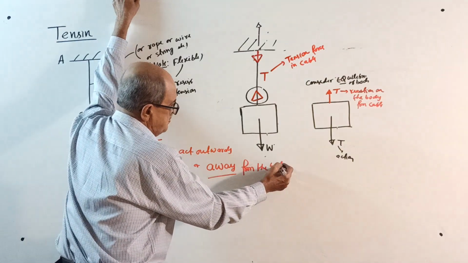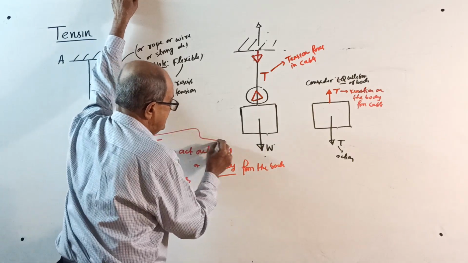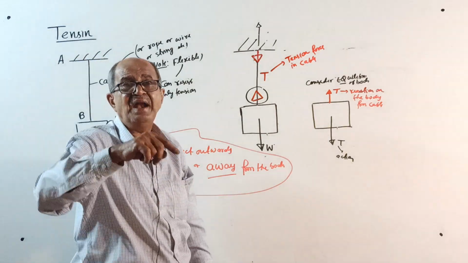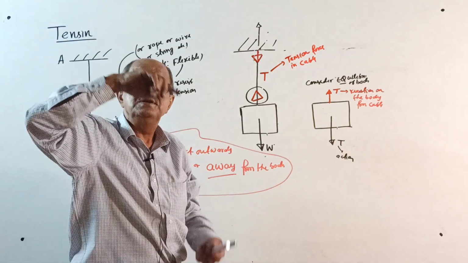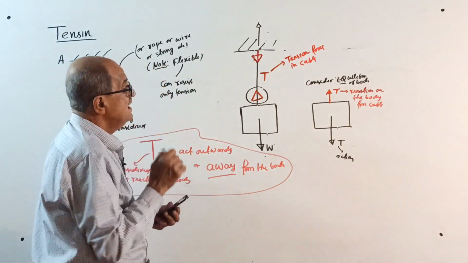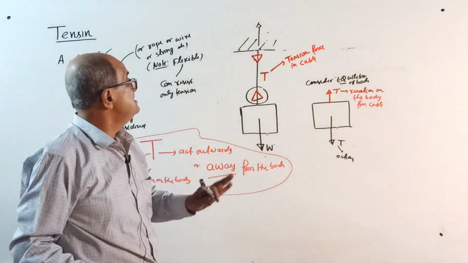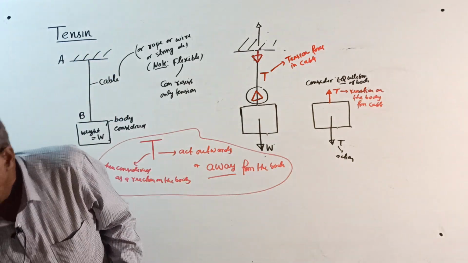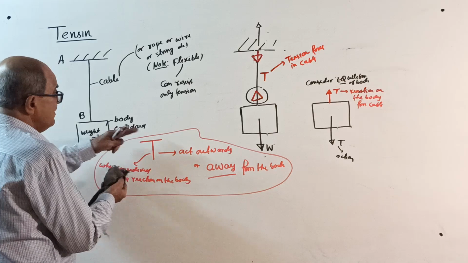This statement is sufficient for you. So remember this statement: tension will always act away from the body. From an engineering mechanics point of view, this is sufficient. I do not want to waste further time telling so many things. I will give an example for you today.